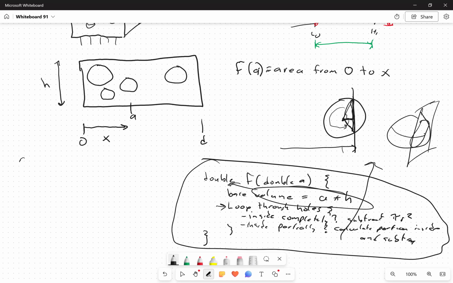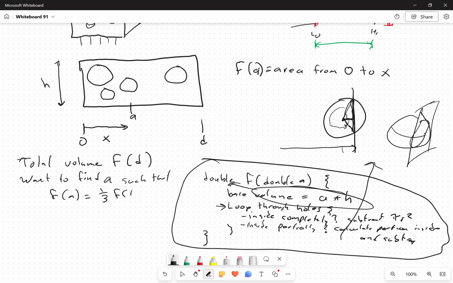well, I could calculate the total volume. So the total volume is going to be, sorry, f is the function we used, f at d, the farthest point. Okay, so we want to find some value a such that f of a equals 1/3 f at d.